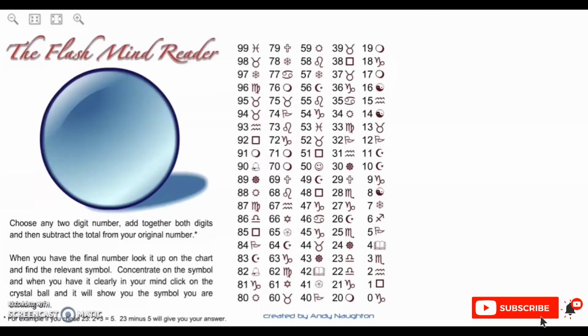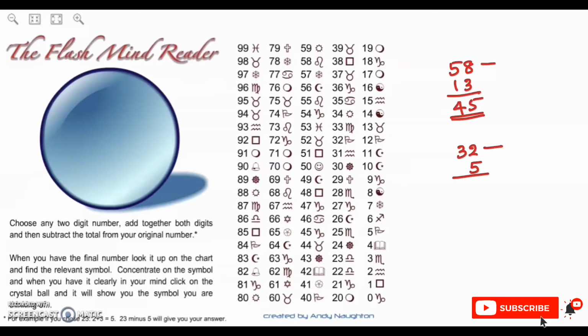Let us take a number 58. 5 plus 8 is 13. So 58 minus 13, what is the answer? 45. 45 is a multiple of 9. Let us take another number, 32. 3 plus 2 is 5.